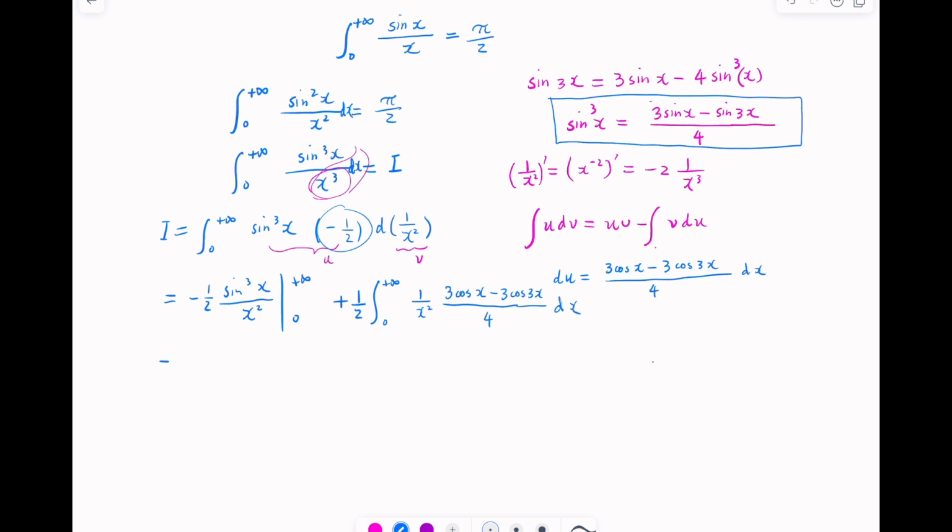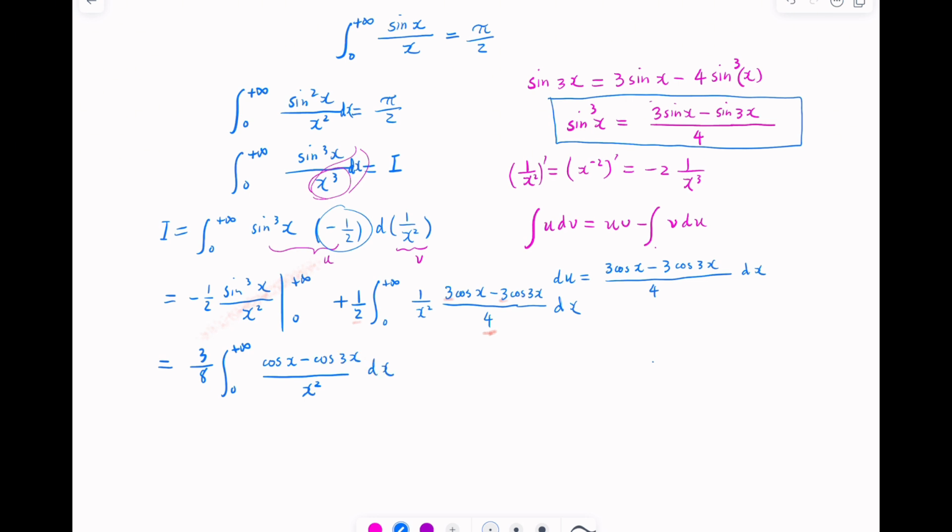We're going to argue that the first term vanishes. 4 times 2 here, that's 1/2, so that is going to be 3 over 8, the integral of (cosine x minus cosine 3x) over x squared dx.